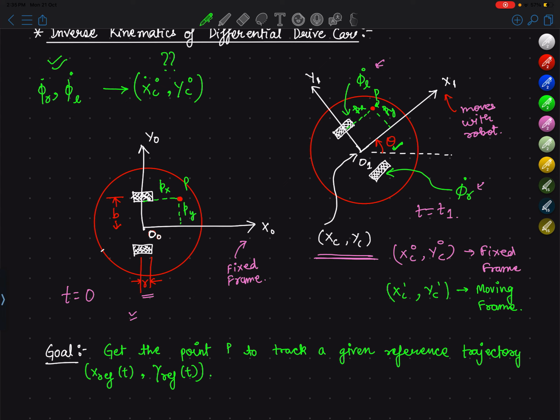In inverse kinematics, we know a reference trajectory of, let's say, xp and yp, and we want to calculate what phi r dot and phi l dot we need to give as an input to the robot, so that the robot follows this reference trajectory. So let's see how we can do it.